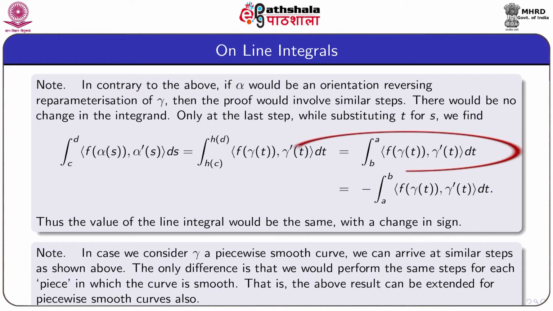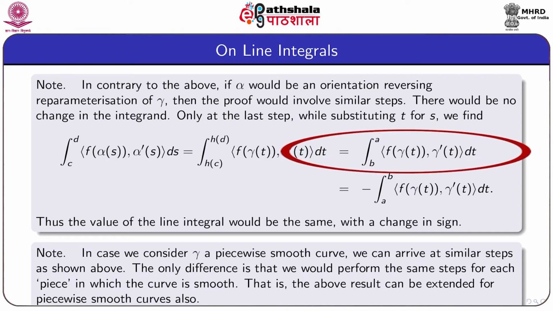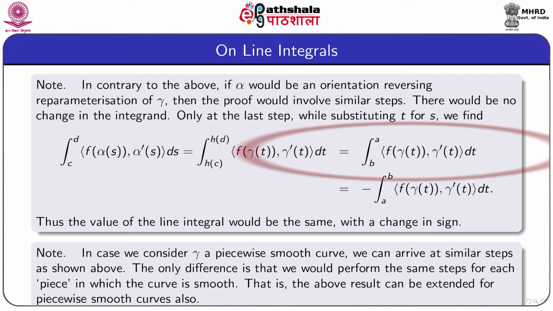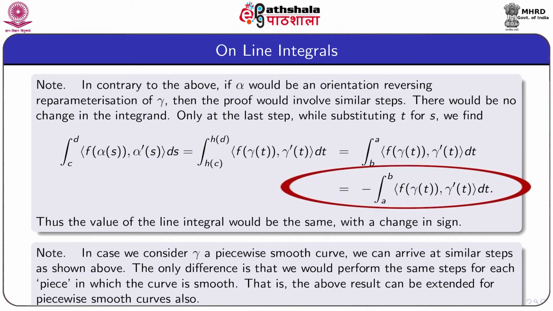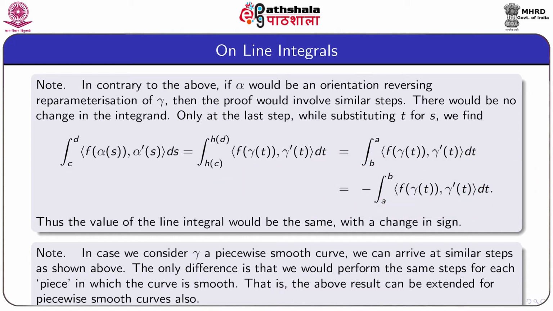This equals integral b to a, not a to b, inner product F(gamma(t)), gamma dash(t) dt, and this equals the negative of integral a to b F(gamma(t)), gamma dash(t) dt. Thus, the value of the line integral would be the same with a change in sign.